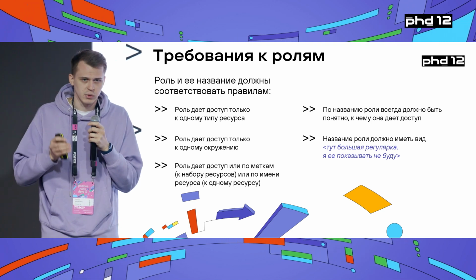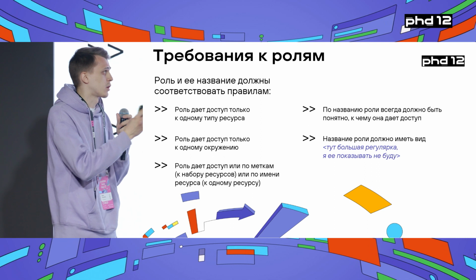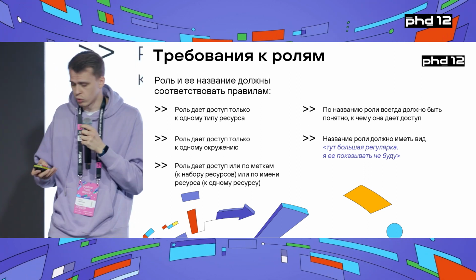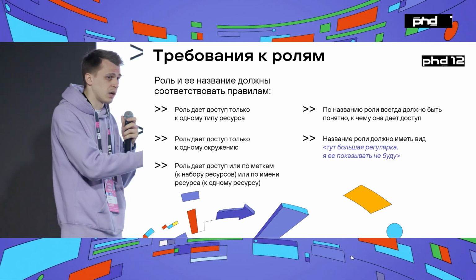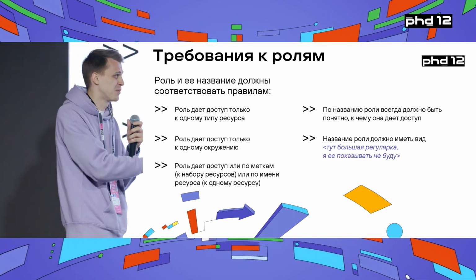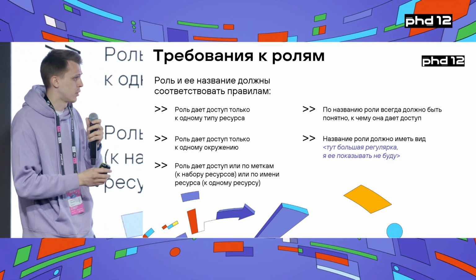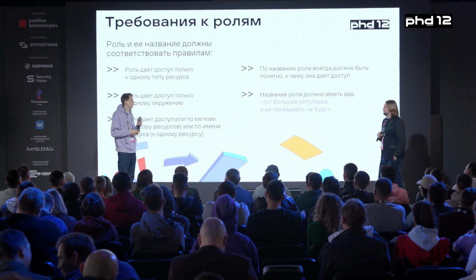The other way is using the resource name to give access to only one resource. Another thing is that the role name should explain the access it gives. And then it should be a regular role, which is a bit long. Okay, what does it look like? It's not really clear.